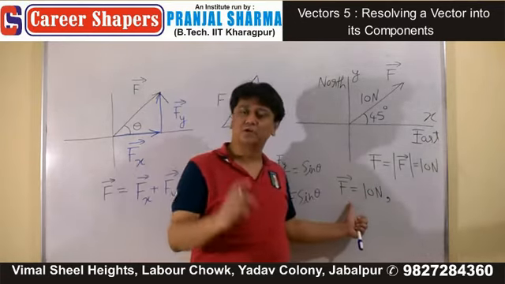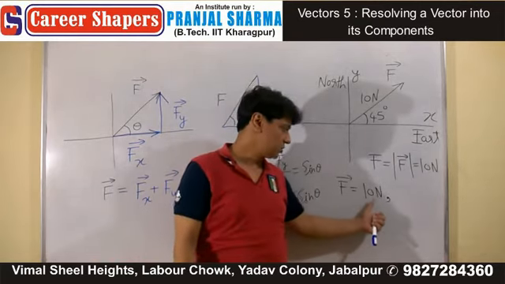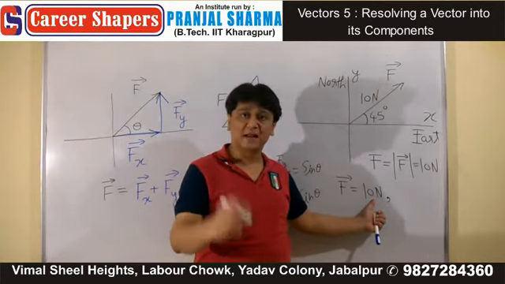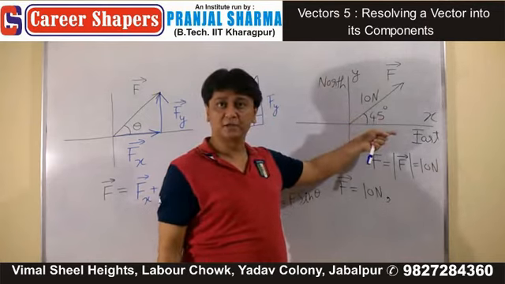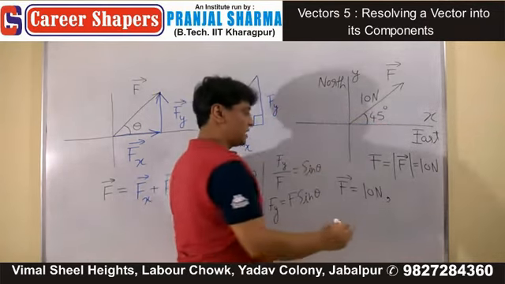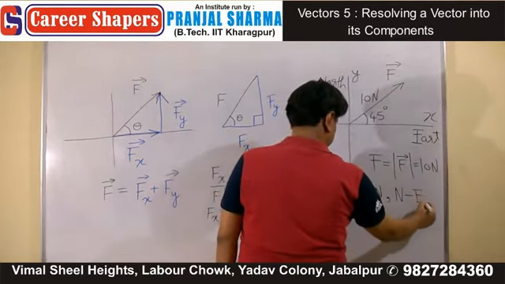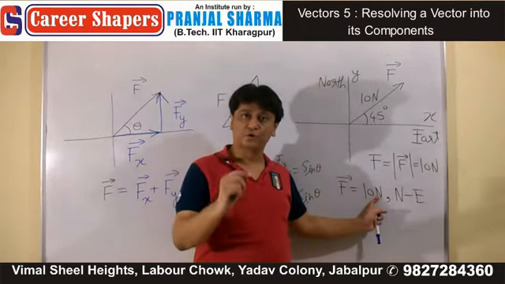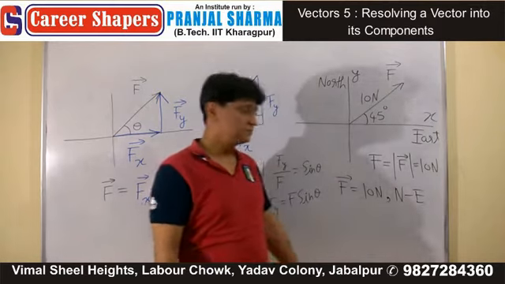This format needs both magnitude as well as direction. So this is the magnitude, which is 10 newton. What is the direction? Something exactly between north and east. Remember, exactly between north and east. The direction is called northeast. This is called force, newtons. This is called direction, northeast.